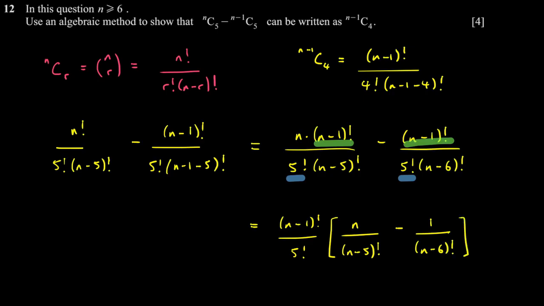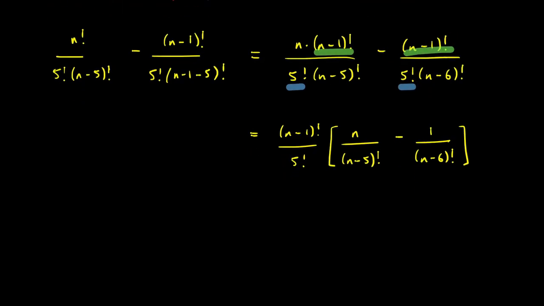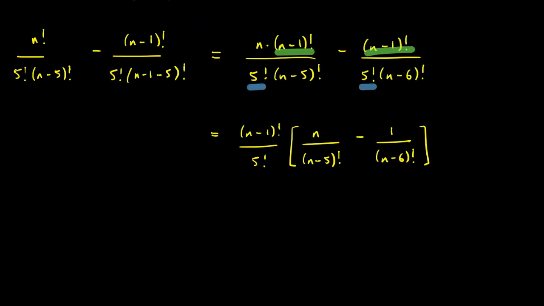Okay, so if you think about it, what have I done? I've factorized out from this term the n minus 1 factorial and the 5 factorial. Okay. Well, I think I can probably use my trick again, right? Because what's n minus 5 factorial? It means n minus 5 times n minus 6 times n minus 7 times n minus 8.